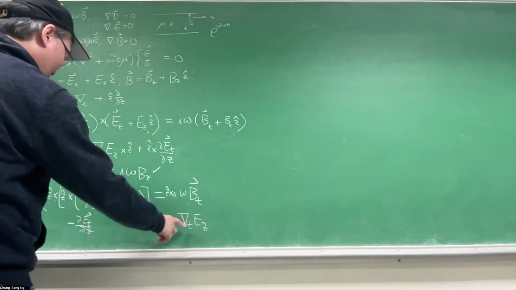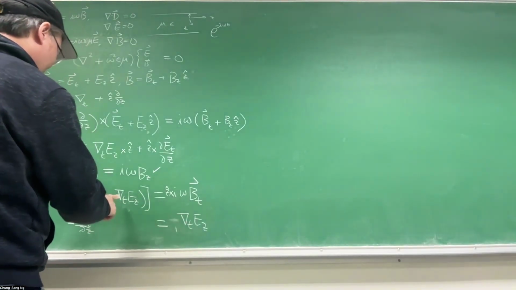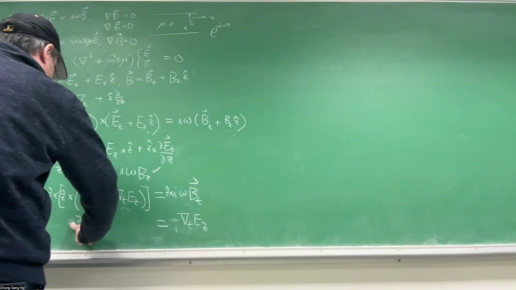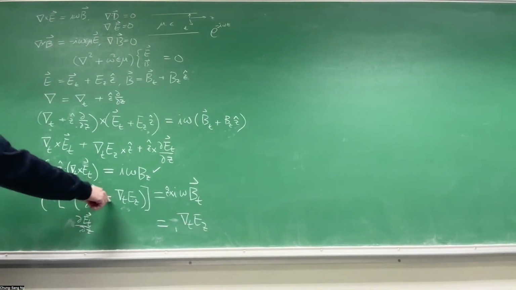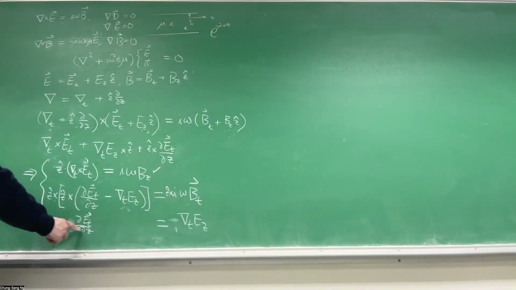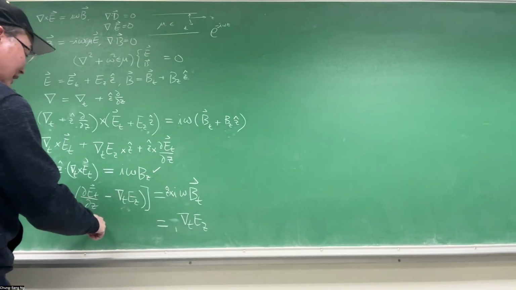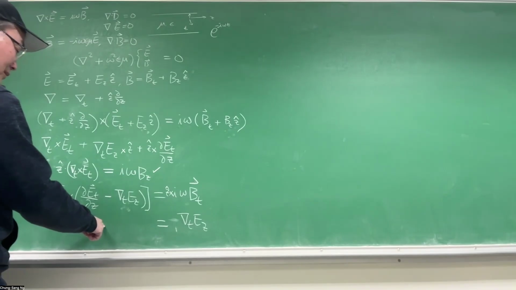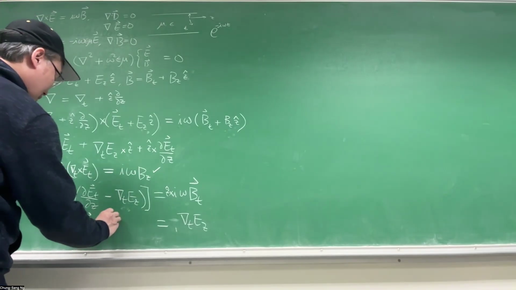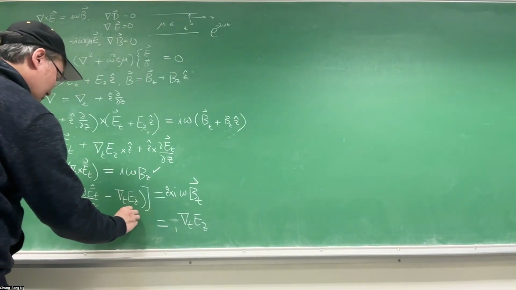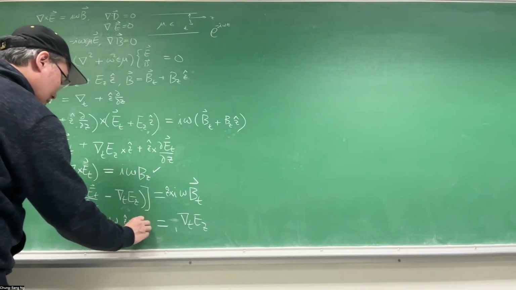Or you can multiply by another negative sign. So you move that and multiply another negative sign, so this changes to positive. And move this to the other side, becomes negative, but you multiply the negative sign, becomes positive. It becomes plus iω ẑ × B_t.